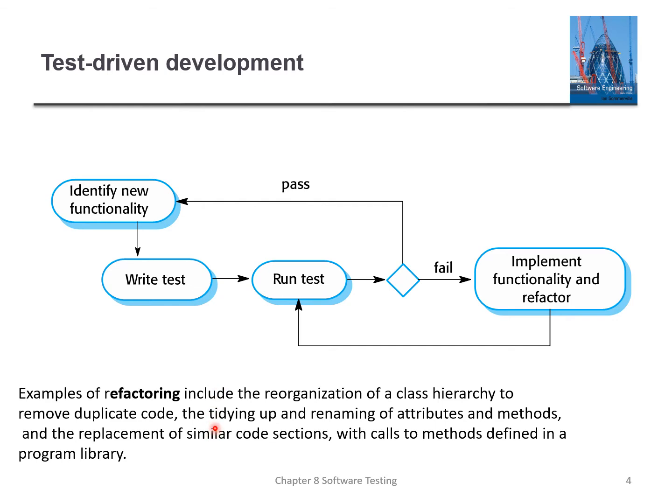Sometimes when you are coding in a hurry, there may be code which you duplicated before and then realize you don't use anymore when you add new functionality. Maybe the way you name the attributes and methods is not very meaningful, so you keep on updating it, and if you need to reorganize the class hierarchy, you go and do it. So not only do you implement the code, you also improve the quality of the code. This is done in every cycle whenever a new functionality has been added.